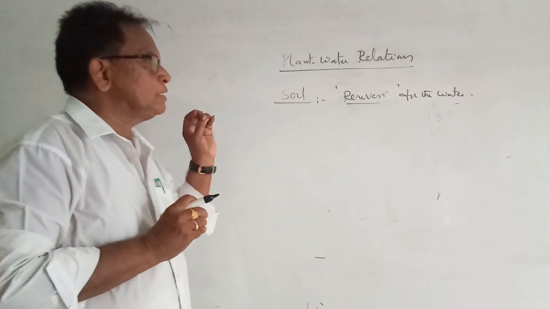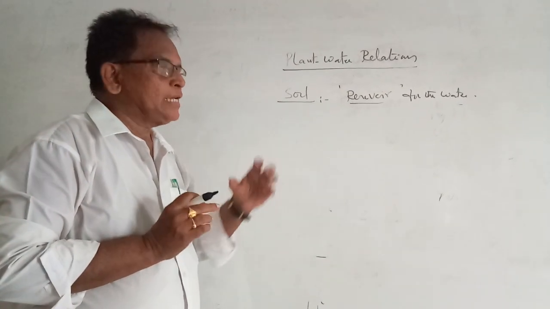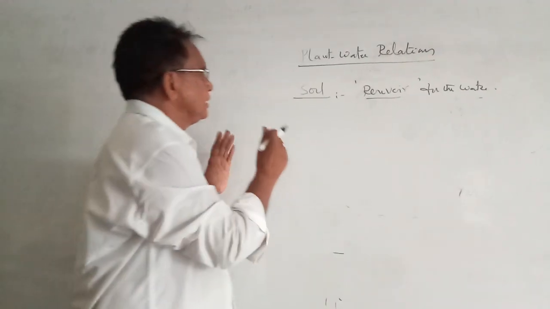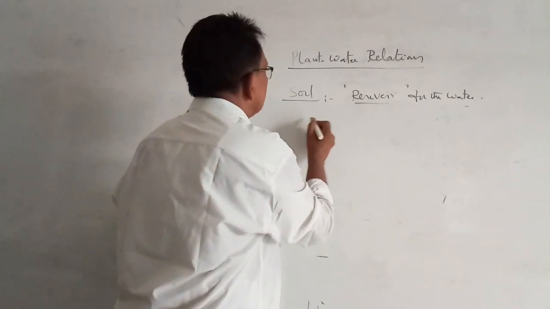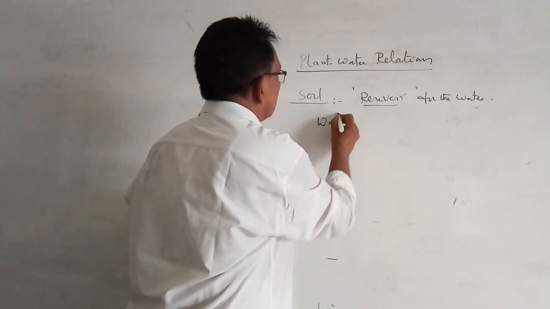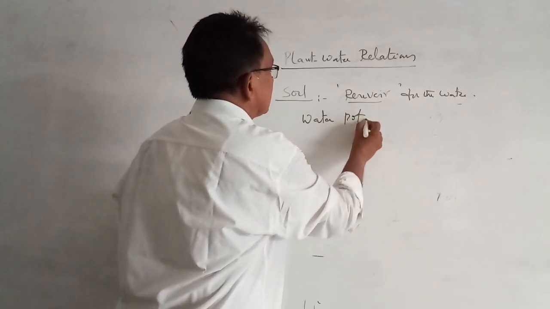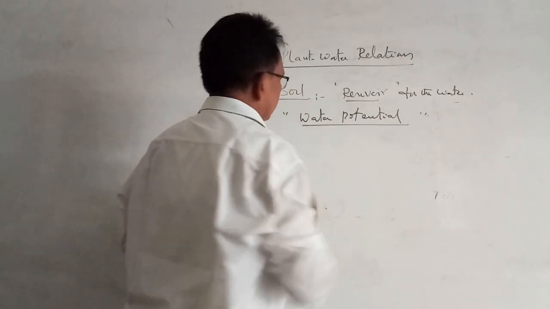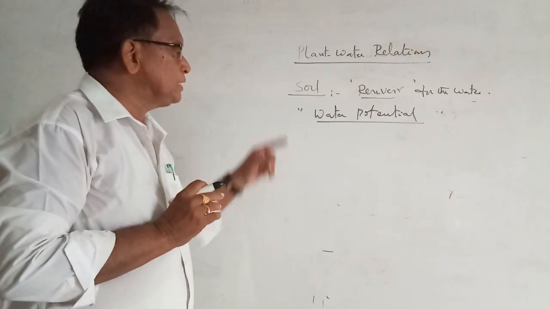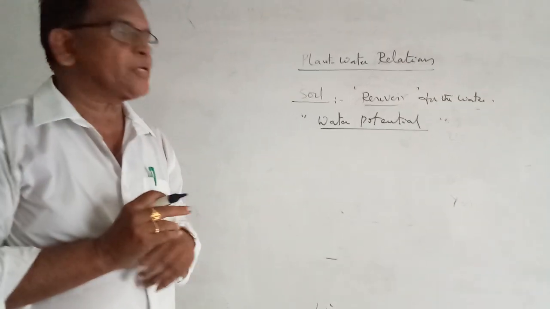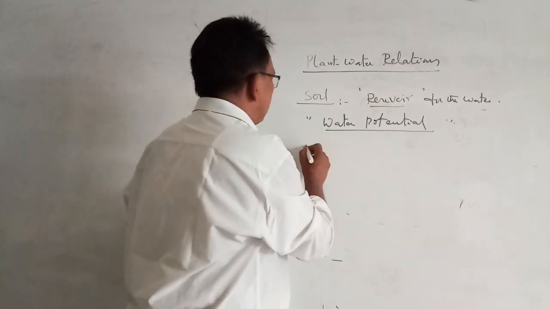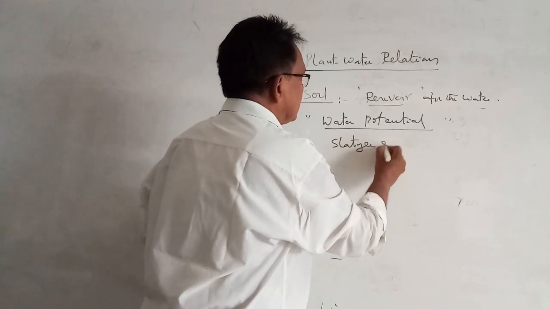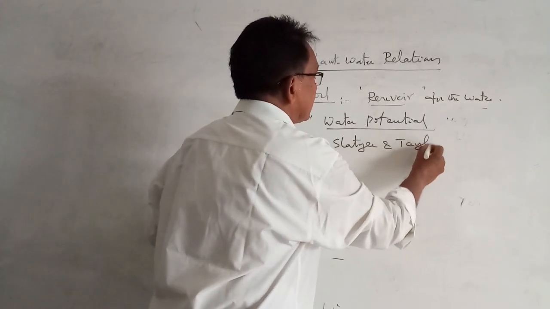The main aspect for the absorption of water by the plants from the soil is normally referred to as water potential. This term water potential was introduced by Slatyer and Taylor.